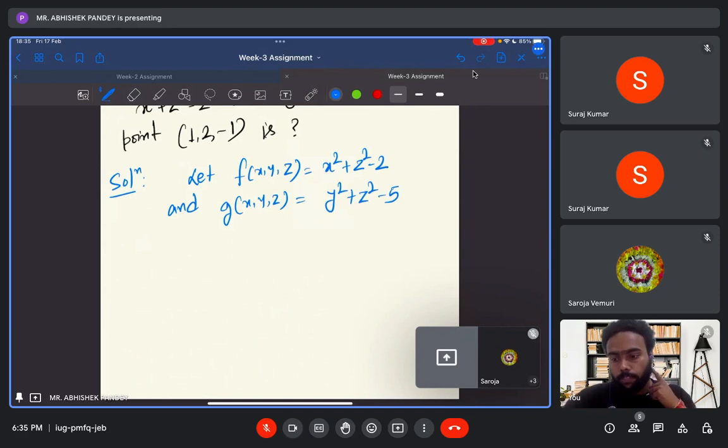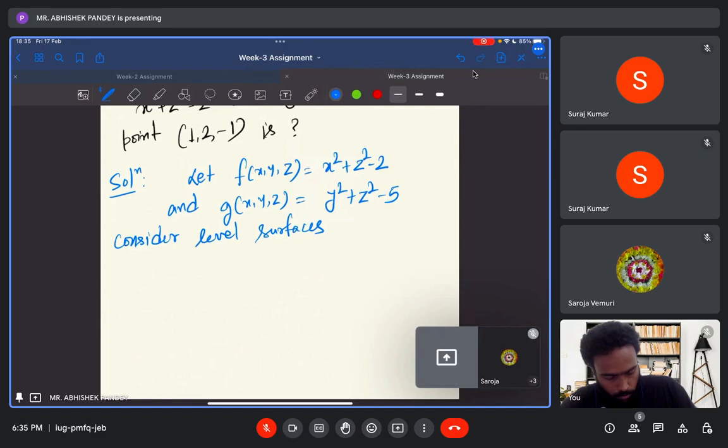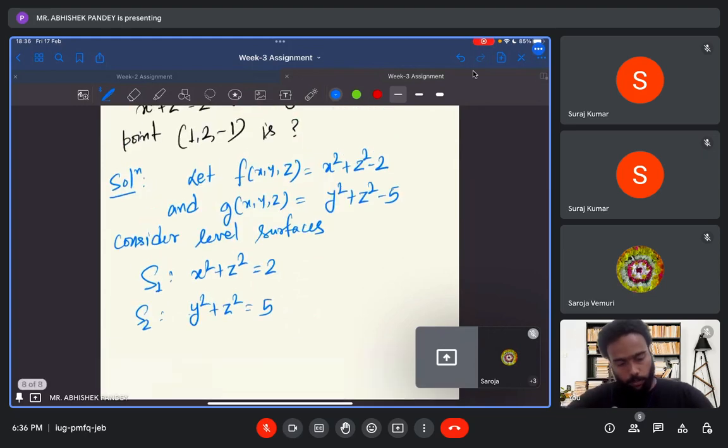Okay, now consider level surfaces. Your S1 is nothing but x square plus z square equals 2, means f(x, y, z) equals 0, and S2 is g(x, y, z) equals 0. Okay.